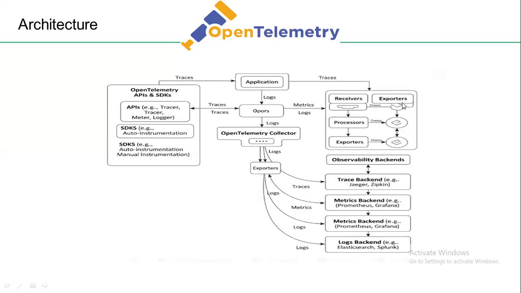Then the next one is exporters. These exporters are components responsible for sending the collected and processed data to an observability backend. They can be part of the application's SDKs or within the OpenTelemetry Collector.